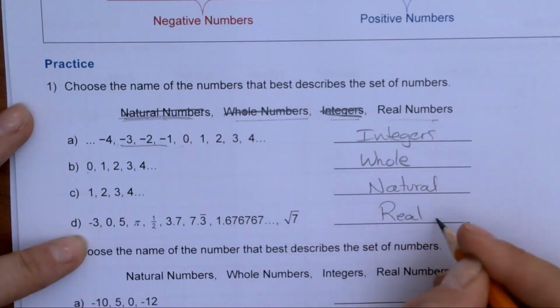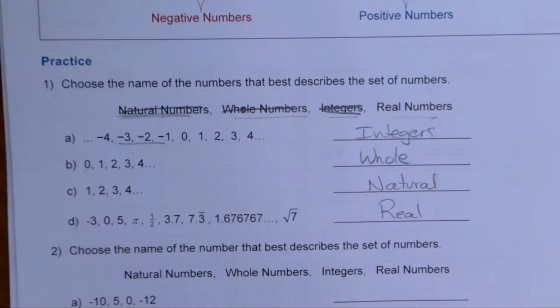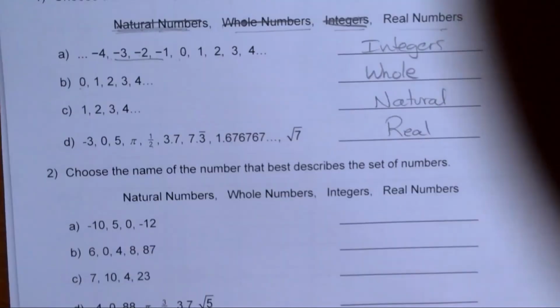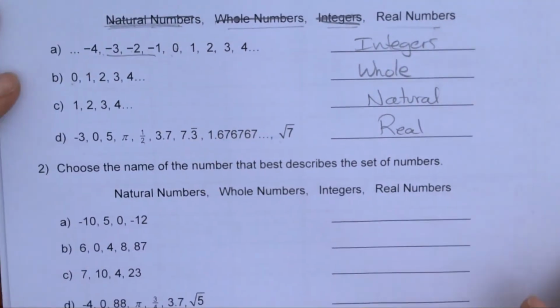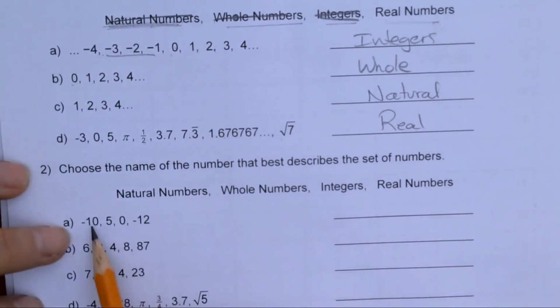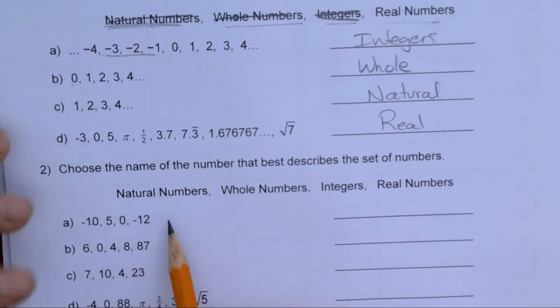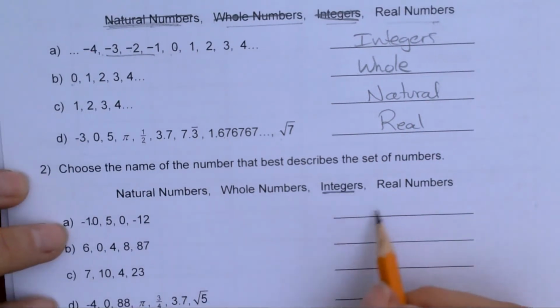Real numbers. Let's look at the next one. Same thing. Here I have negative numbers, 0, and positive numbers, but there's nothing really crazy. There are no fractions, no decimals, no square roots, so I know it's an integer.